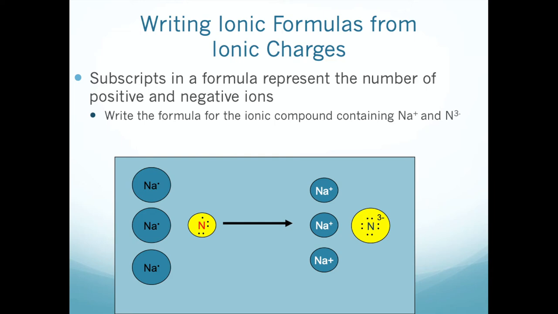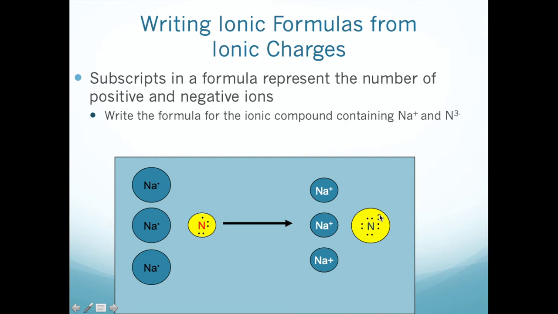So let's try another one here. Here's sodium and nitrogen combining to form sodium nitride. Again, you can see that sodium's in group 1, so it forms ions with a +1 charge. Nitrogen is in group 15. It has 5 valence electrons, so it needs to pick up 3 more to become like a noble gas.